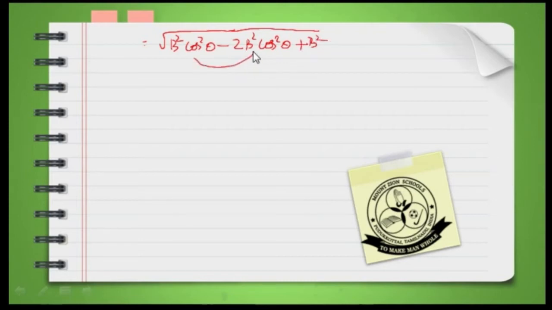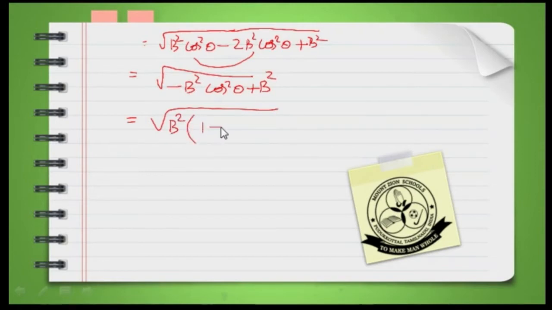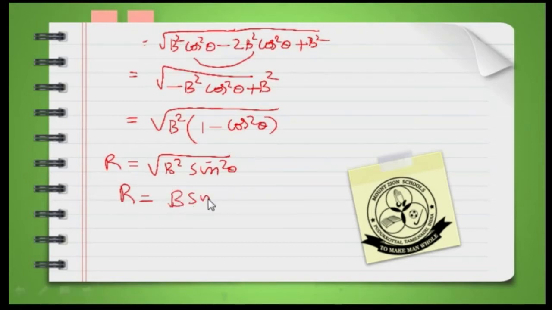We get minus B square cos square theta plus B square. So shall we take B square as common? B square times 1 minus cos square theta. 1 minus cos square theta is sin square theta. So removing the square root, R is equal to B sin theta.